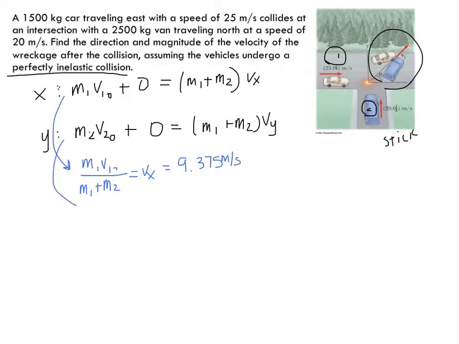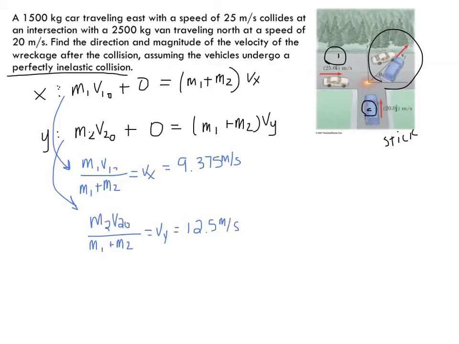For this momentum in the y direction, again rearranged, I get M2 V2 naught all divided by M1 plus M2 is equal to our velocity in the y direction. Again, once I plug in all my numbers, you should get a number of 12.5 meters per second.